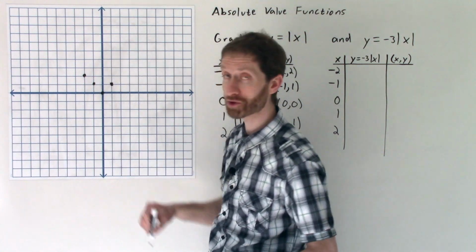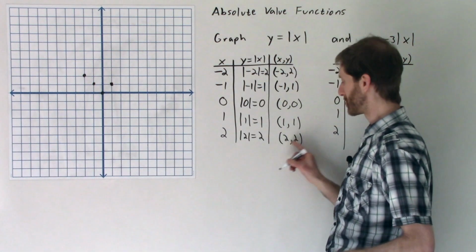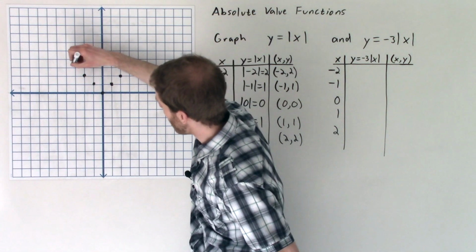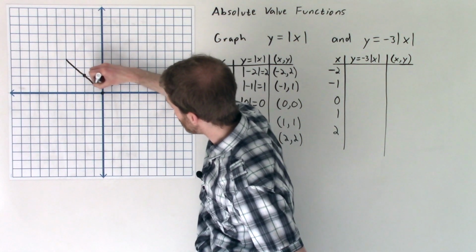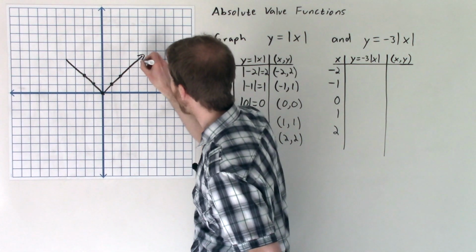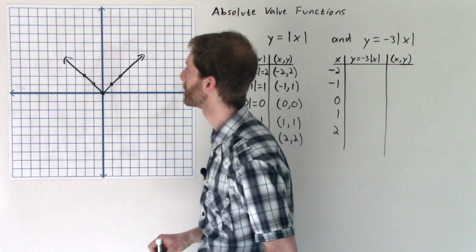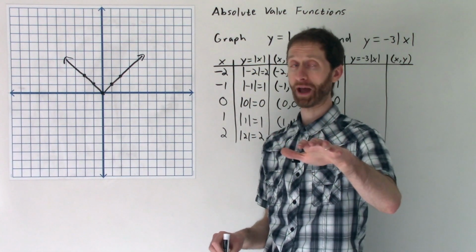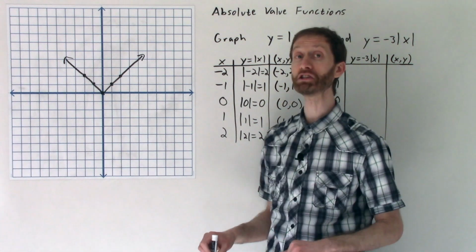Notice the symmetry. 2, 2, right 2, up 2. So these are lines. I'm going to draw it as straight as I can, and it gives you a V graph. In fact, all absolute value graphs of nice linear functions, meaning you have x with no power above it, are going to be nice V's.